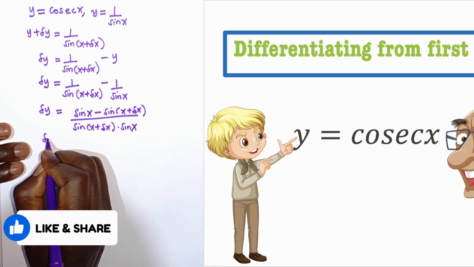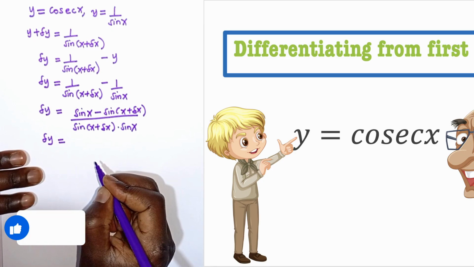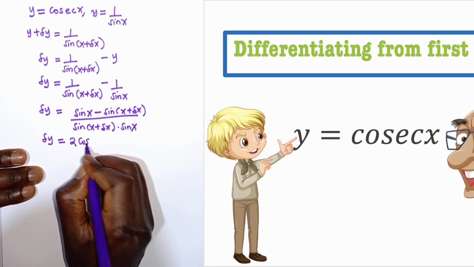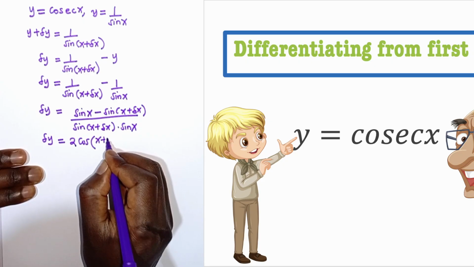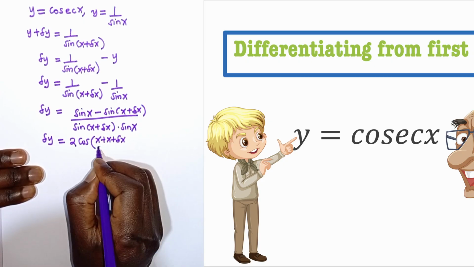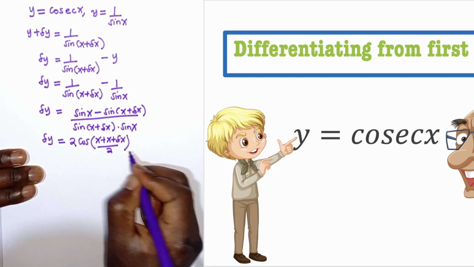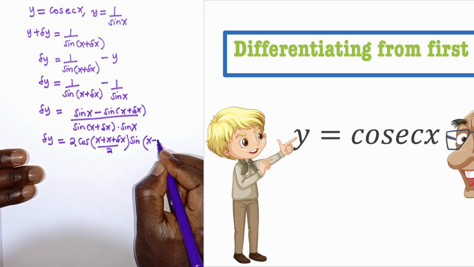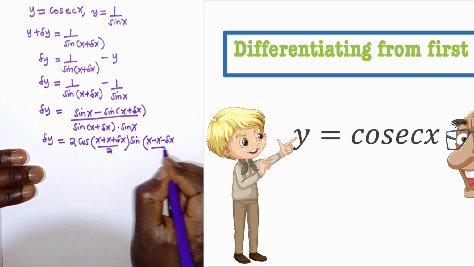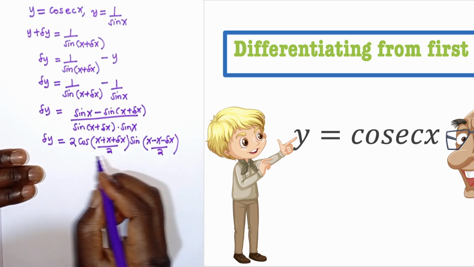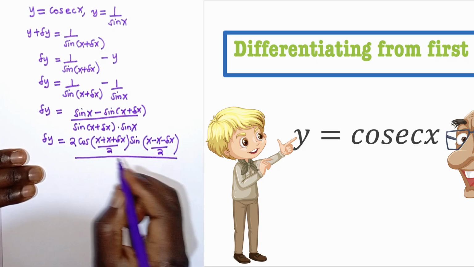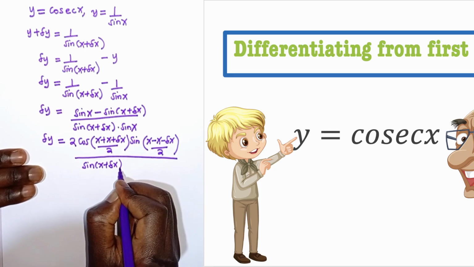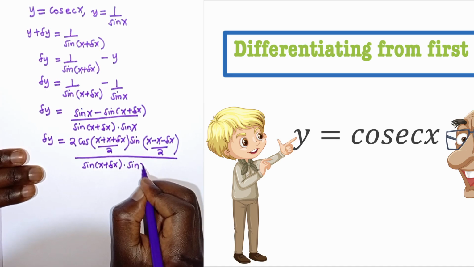So therefore, when we use factor formulae, we shall have 2 cos of x plus delta x out of 2, close bracket, sine of x minus delta x out of 2. So out of our LCM, we write sine of x plus delta x times sine x.